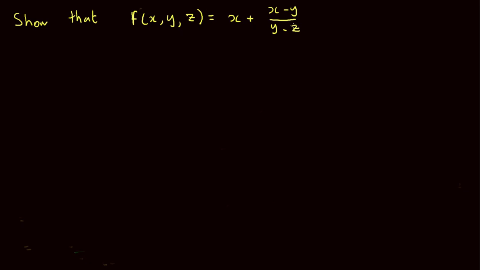If we have a multivariable function like that, we want to show that it satisfies this relationship, that fx plus fy plus fz is equivalent to 1. We want to show how it satisfies the relationship.